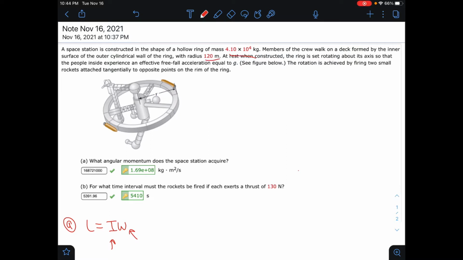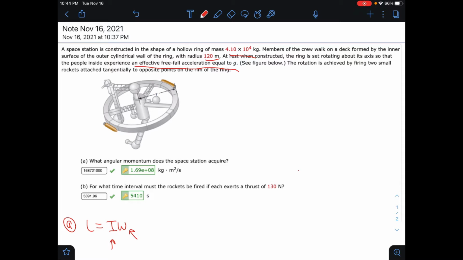We have no units for speed or any sort of velocity, but we do have this free fall acceleration equal to g. And it's spinning, right? Two small rockets, okay, whatever. The rockets are going to cause this spin to occur.